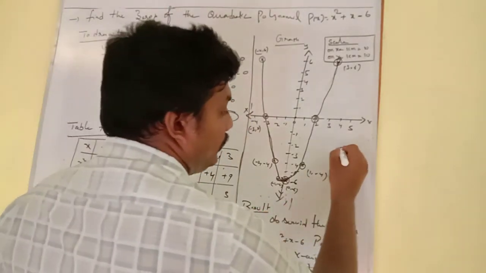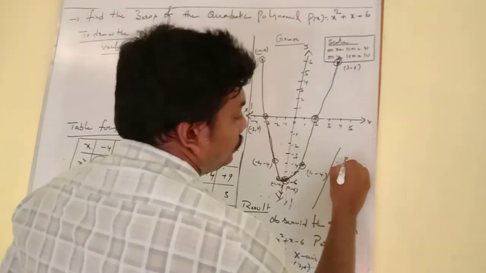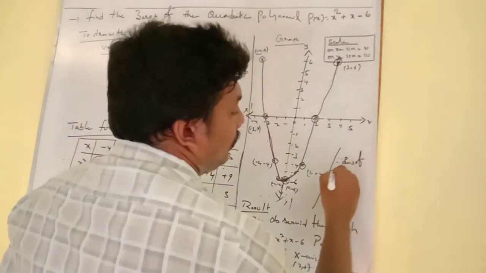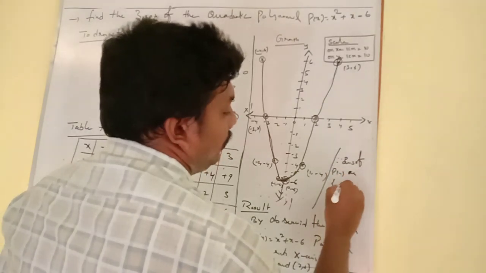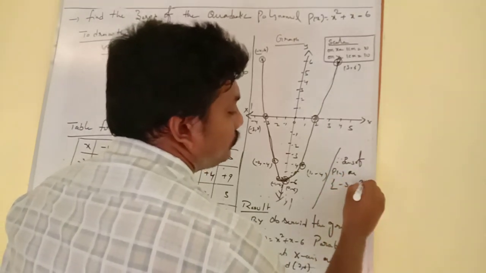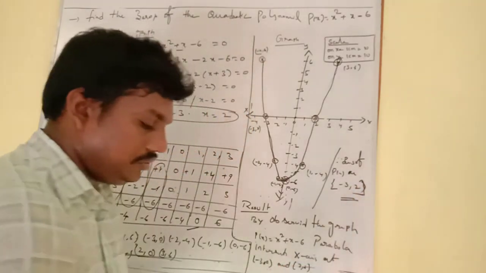Therefore, finally, the zeros of P of x are the set of minus 3, comma 2.